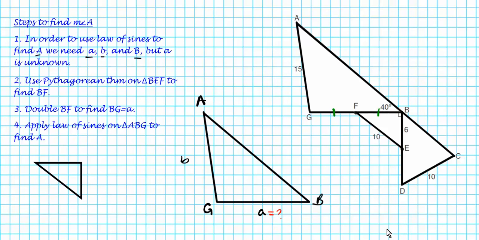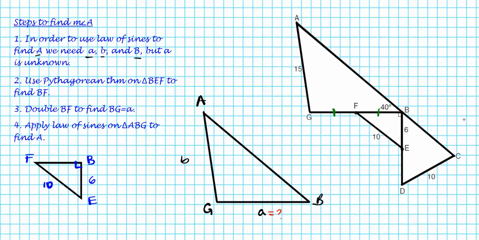So let's go ahead and extract this right triangle and use it to find what BF is. I have the triangle extracted to the side. This is big B, this is a 90-degree angle, this is E, and this is F. I know that the hypotenuse is 10, and one of the legs is 6. What do you use to find the missing side of a right triangle given two sides?